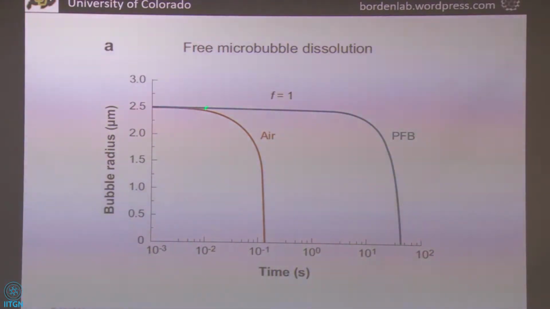Because of surface tension, bubbles will dissolve. Instead of having an air bubble, you can use the least soluble gas that we know of in water, perfluorobutane, that can be used in vivo. You can extend the life by 1 to a little over 2 orders of magnitude, almost 3 orders of magnitude, but it's still going to dissolve before a minute. So just adding perfluorobutane doesn't stabilize the bubble indefinitely.